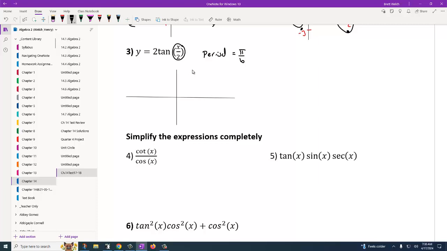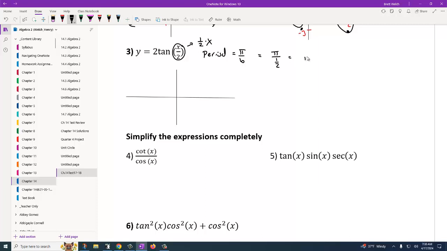You might have it in a tangent, it might be in a sine, it might be in a cosine. But you need to be prepared to deal with a fractional value for b. When I see something like x over 2 or x over 4, I have to think of it as a fraction times x. X over 2 is the same as 1/2 times x, so the period here would be pi over 1/2.